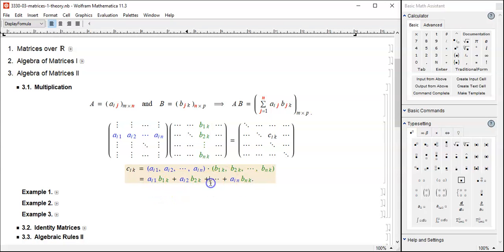First, second, third, fourth, fifth, in the end, n. So j is going from 1 through n. So we have to have the same j here, the same j there, and then j is moving from 1 through n. In the end, what happens? The common index j disappears, because what we get in the end is the ik entry of the product matrix.